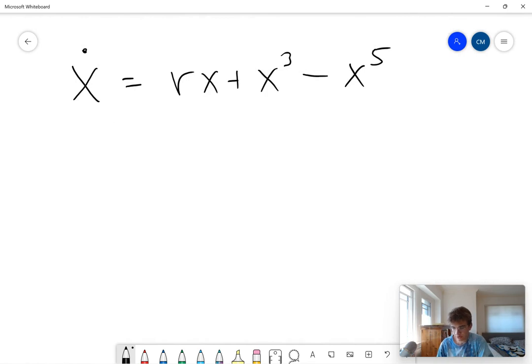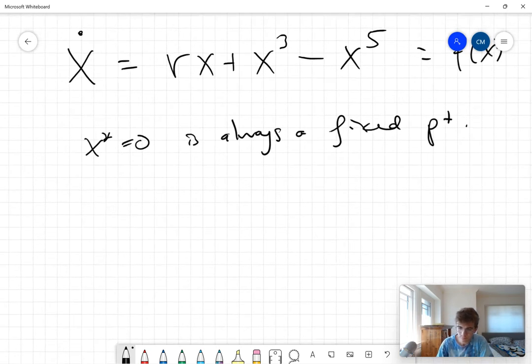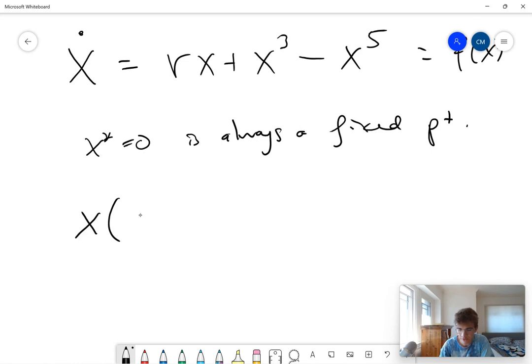The first thing I want to do here is observe that the origin is always a fixed point. Now I'm going to look for other fixed points of the system. Fixed points are just going to be roots of the function f of x. So I'm going to factor out the x term here.